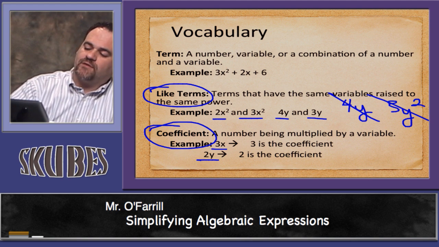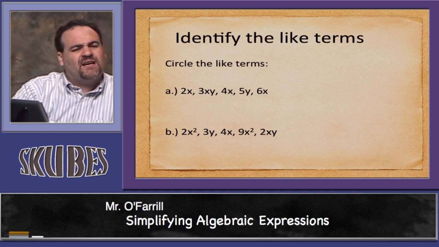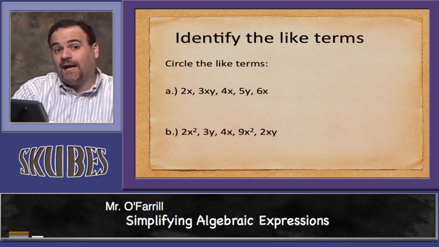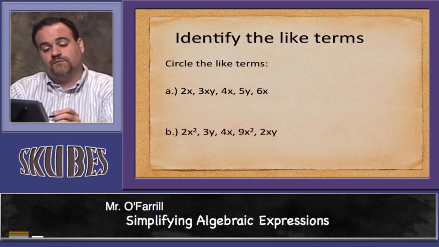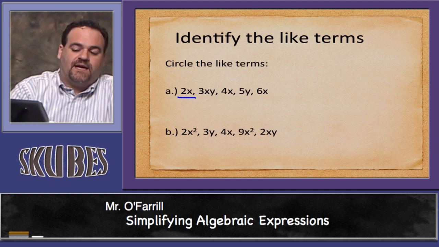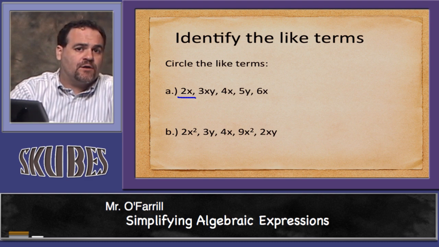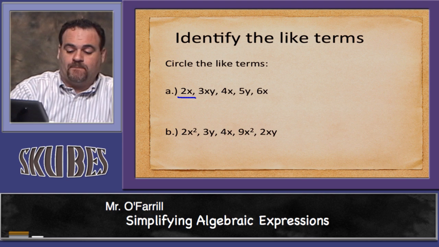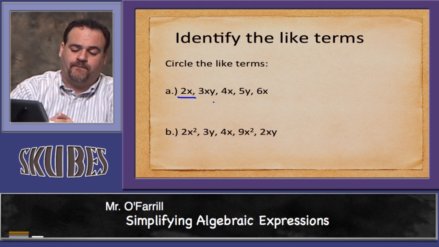So now that we're familiar with some of the vocabulary, let's start by identifying which terms are like and which terms are not. Let's go through these. This first one is a 2x. Do you see any other terms that are some kind of x term? Well, this one has an x. Is this a like term?